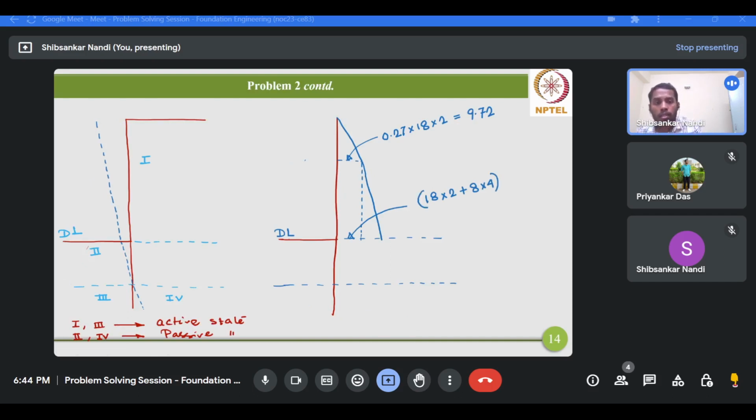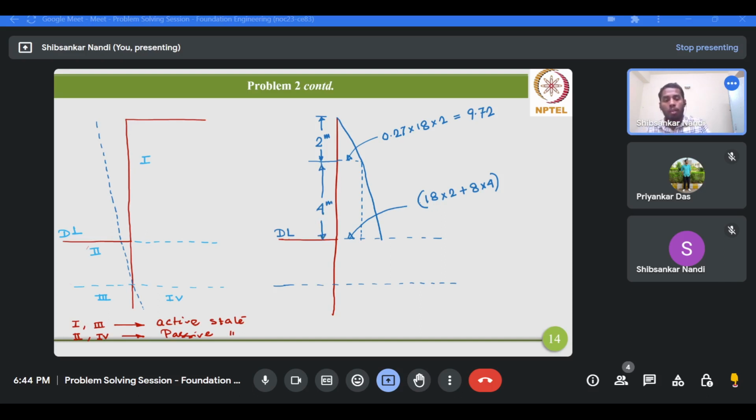So this is your 0, this is your 2 meter and this is your 4 meter.